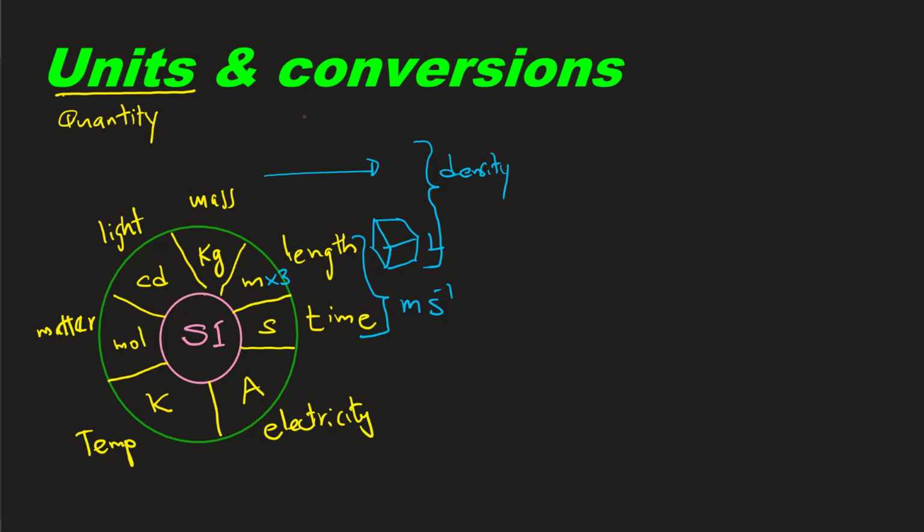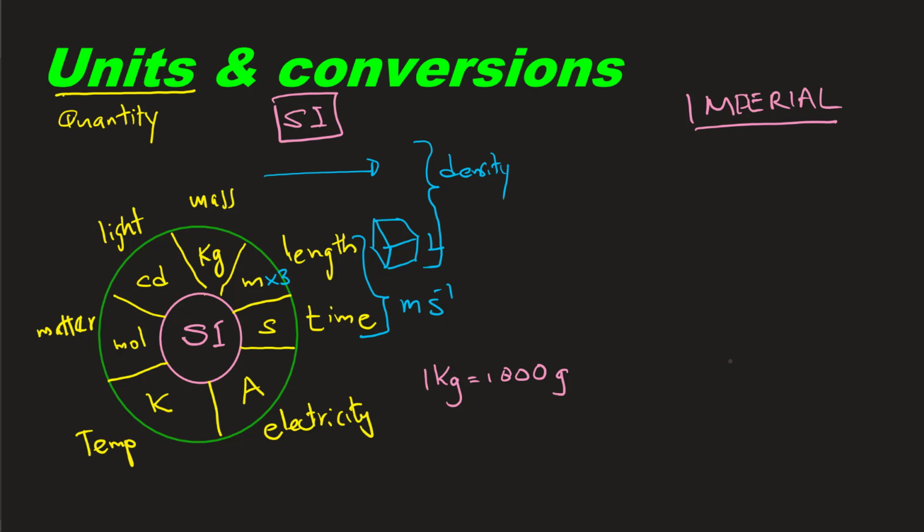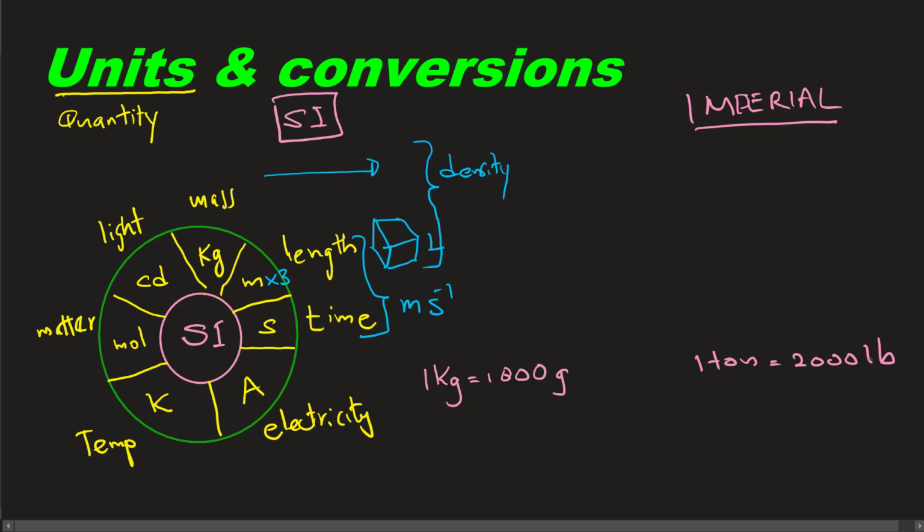So this base unit system is called the SI. That's what you use in physics and chemistry. Now the imperial unit is the older method. That's also what we use in day-to-day activities. A good example of conversion is 1 kilogram is 1,000 grams, and 1 imperial ton is 2,000 lb, and also 1 kilometer is 1,000 meters, and 1 mile is 5,280 feet.